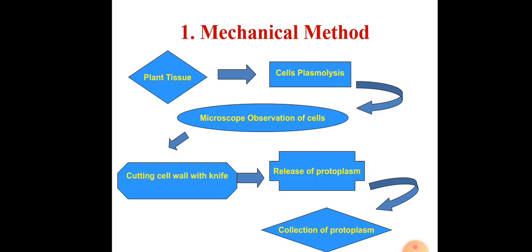After plasmolysis we observe the cells under the microscope, and we cut the cell wall with a sharp knife and release the protoplasm. Then we collect the protoplasm accordingly.